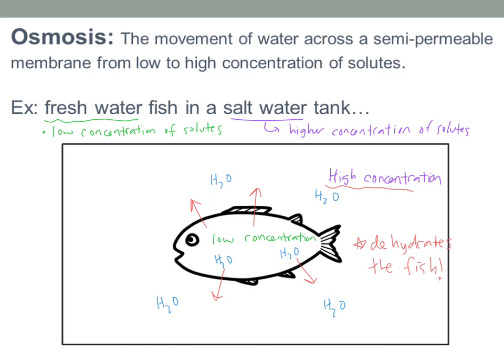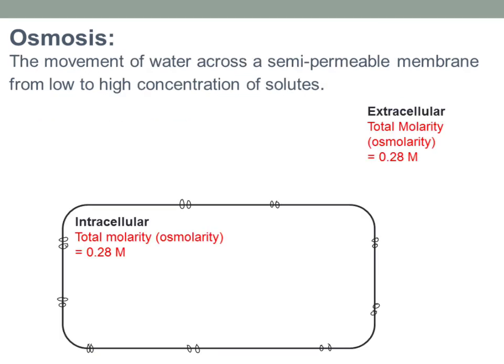So let's talk about cells also here. Really, osmosis is very important for cells because of something called aquaporins. If you take a look at a cell, cells actually are semi-permeable membranes. The cell membrane is a semi-permeable membrane. So I'll write that here.